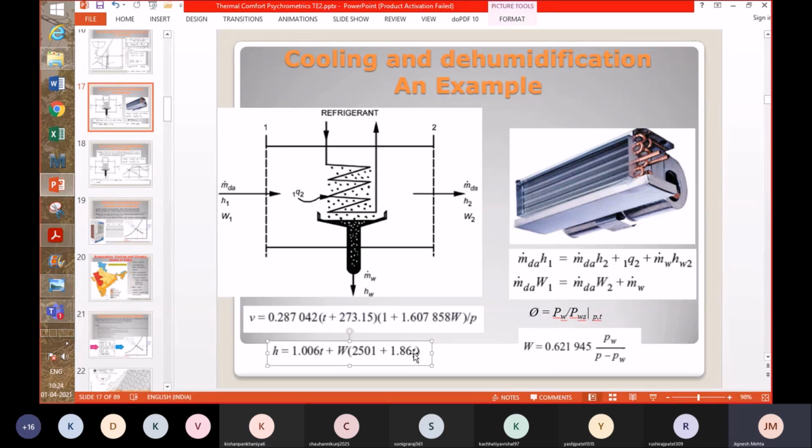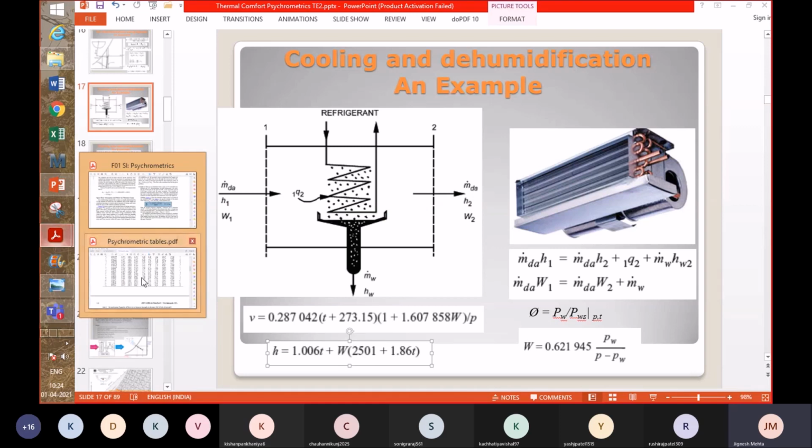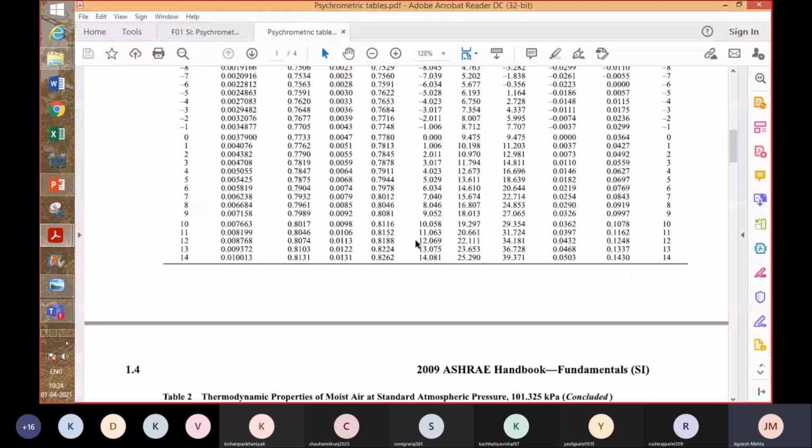Now getting the value of H2 is simpler. It is nothing but HS at 10 degrees Celsius, and you can get it from the psychrometric tables. The temperature is 10 degrees Celsius, you refer to this row, and this column is for HS, so it's 29.354 kilojoules per kilogram of dry air.